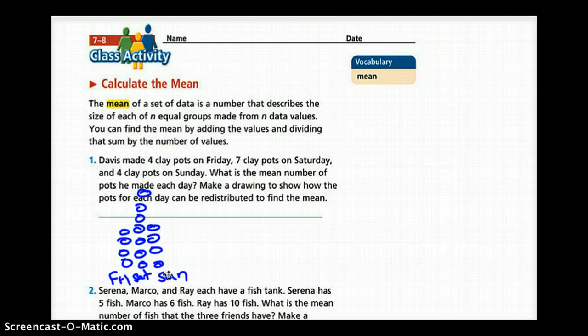We want to make the number of pots equal on each day. In order to do that, we have to redistribute them evenly. So that means I'm going to take this pot, put it there, this pot, and put it there, and then that should show that it's even.